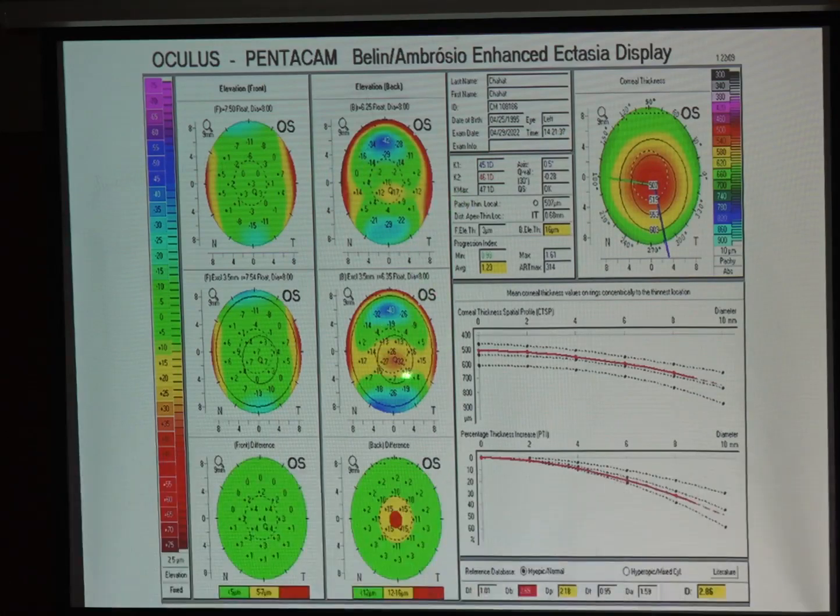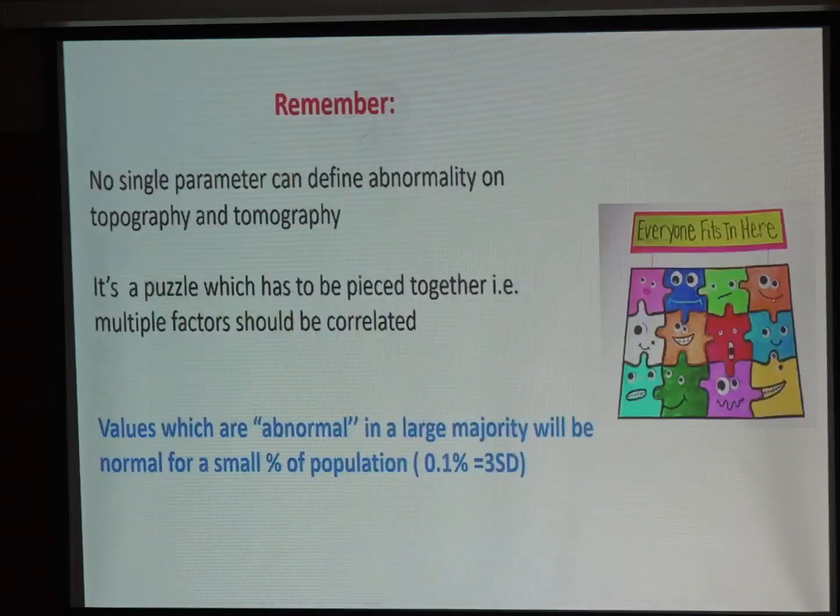Here, this red circle is that area which has been excluded. That area of the bump has been excluded. So you get a tighter fitting best reference sphere, and on top of that you superimpose. So that becomes more highlighted, which is why you see this difference between these two. Whereas these two maps are looking completely normal. But this tells you that this area has some suspicion and there is a possibility of ectasia.